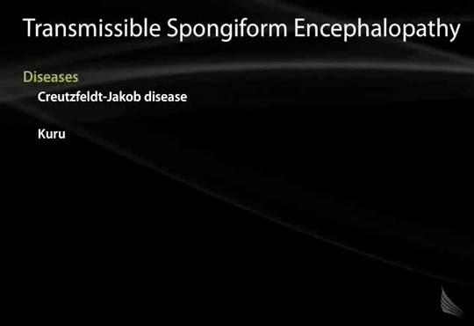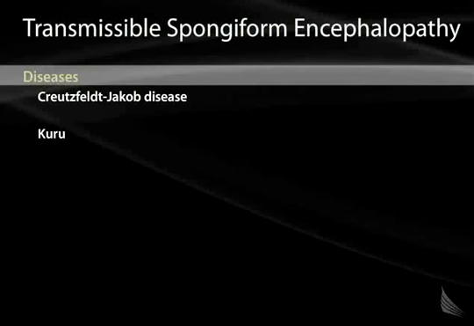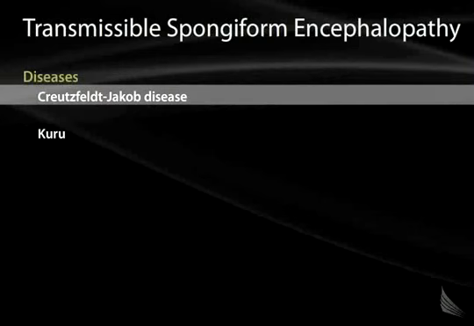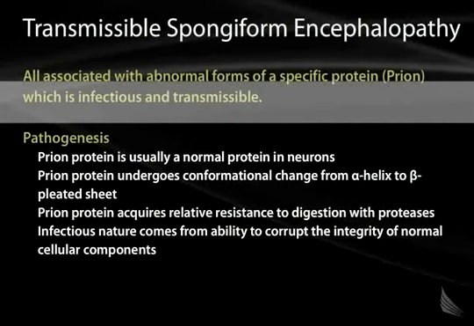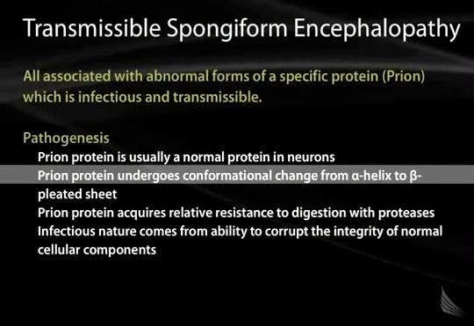Transmissible spongiform encephalopathy. These are the prion diseases. Two important ones to keep in mind for the USMLE include Creutzfeldt-Jakob disease and Kuru. All of these are associated with abnormal forms of a specific protein called the prion, which is infectious and transmissible. The idea is this: the prion protein is usually a normal protein excreted by neurons.